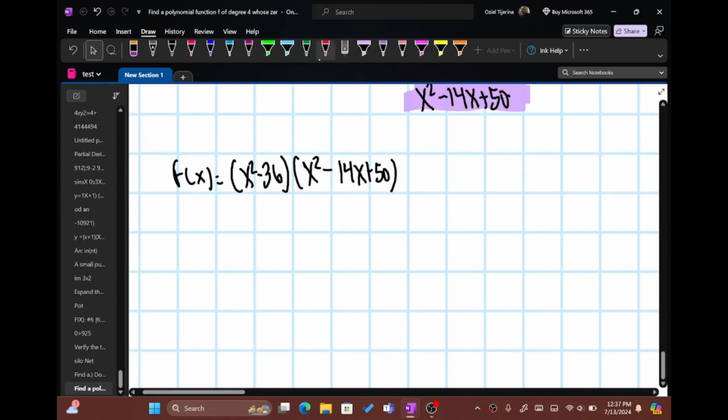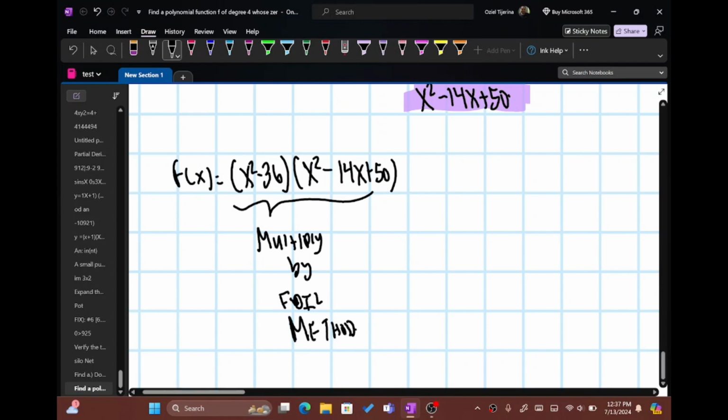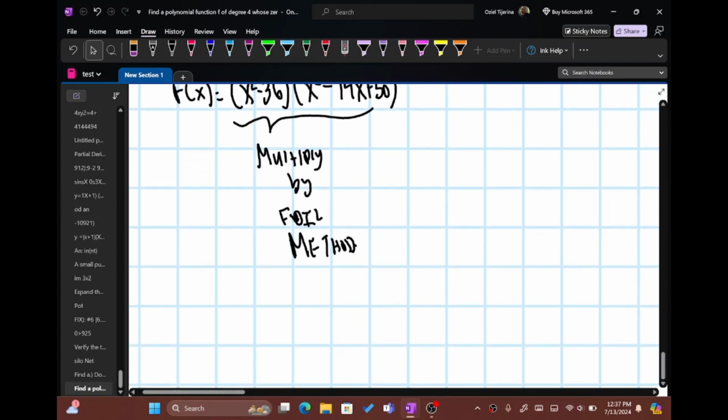And now we're just going to simplify by multiplying with the FOIL method. Of course, you could leave it this way, but if they want it in standard form, you want to know how to do that. So let's finish it off.